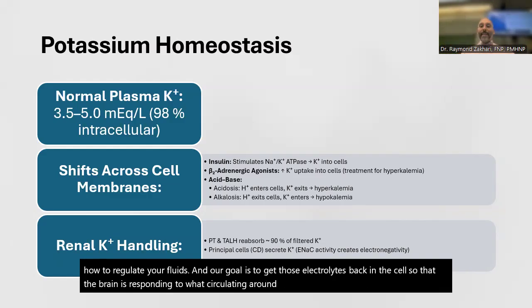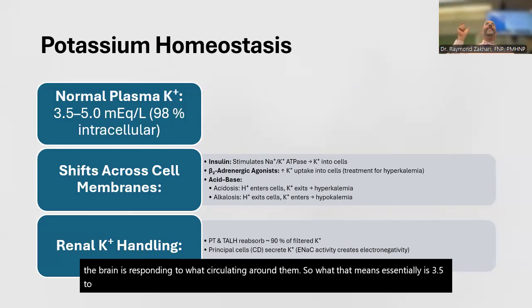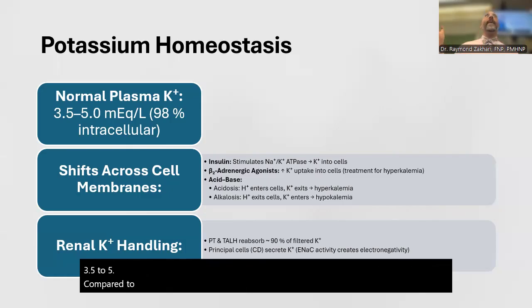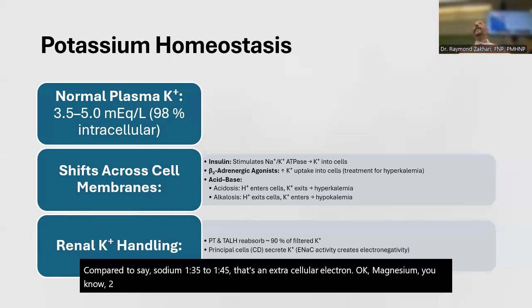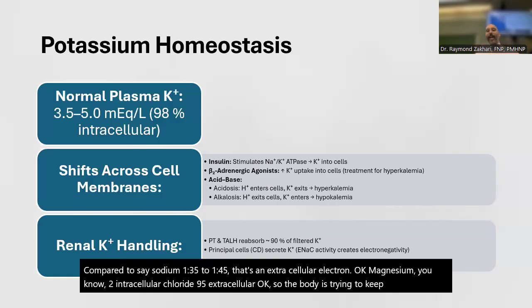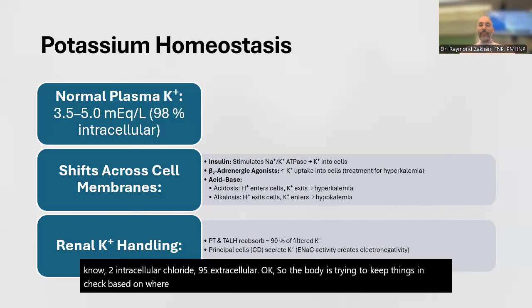So what that means essentially is 3.5 to 5 compared to, say, sodium 135 to 145. That's an extracellular electrolyte. Okay. Magnesium, 2, intracellular. Chloride, 95, extracellular. Okay. So the body is trying to keep things in check based on where those electrolytes are located.